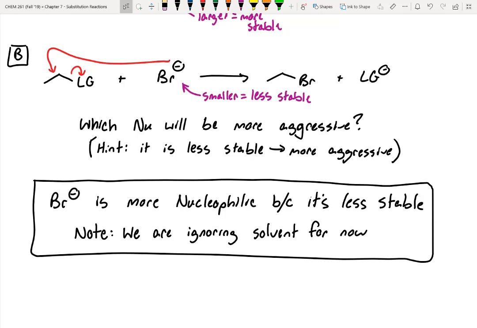What happens to that sodium cation? Water will essentially form a shell around it. How many of you remember that from Gen Chem? Like a sphere of hydration. In this case, we're kind of ignoring the solvent effects for right now, but solvent also plays a key role that we'll talk about later. But for right now, we're just going to ignore solvent and assume that it doesn't play a major role for these SN2 reactions.